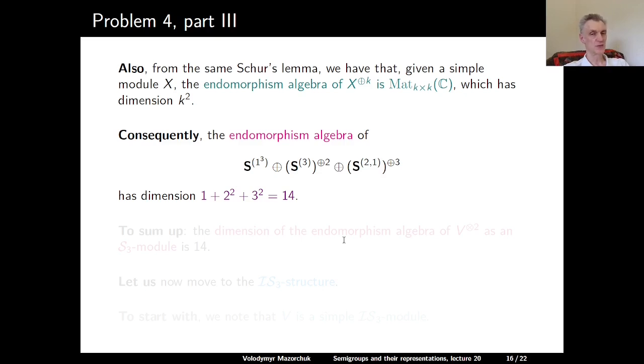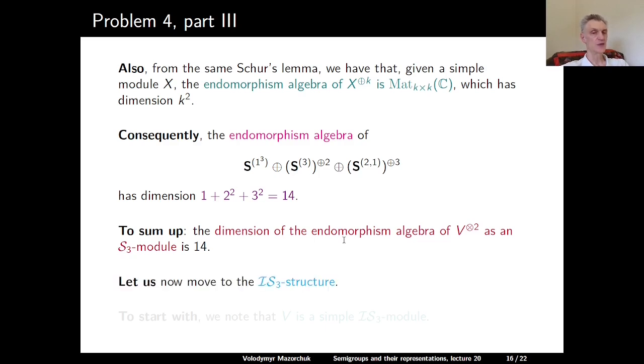The module V to the tensor power 2 is a sum of simples where the sign module has multiplicity 1, the trivial multiplicity 2, and the two-dimensional Specht has multiplicity 3. So the dimension of the endomorphism algebra is 1 squared plus 2 squared plus 3 squared, which is 14. So as the first part of the problem, the dimension of the endomorphism algebra of V to the tensor power 2 as an S3 module is 14.